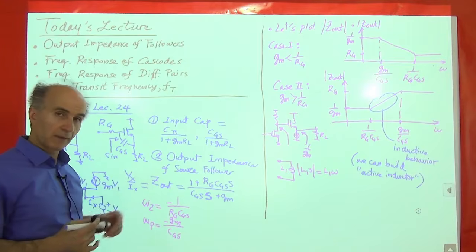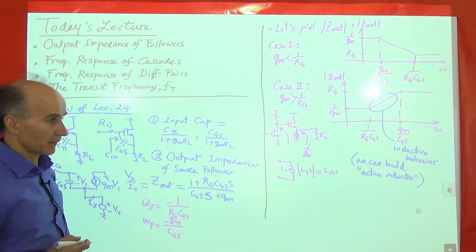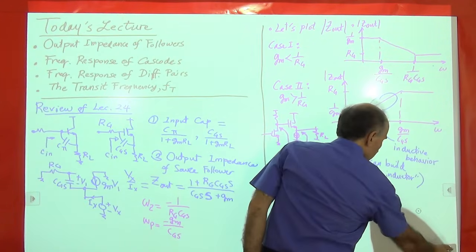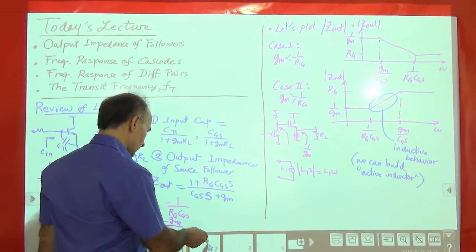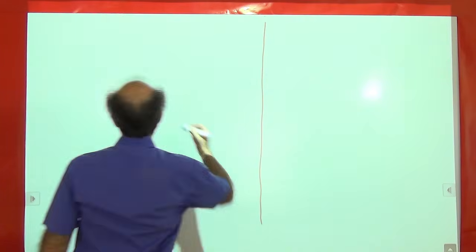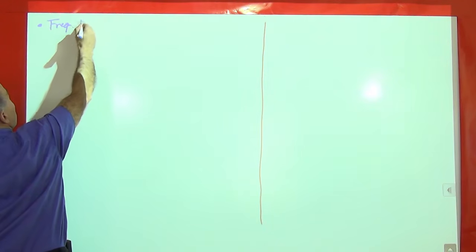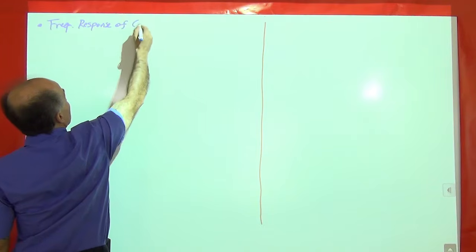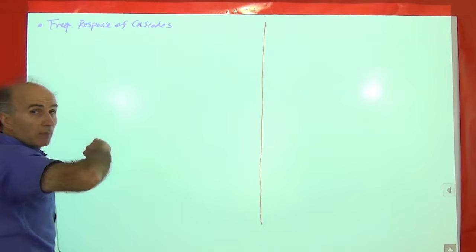The emitter follower behaves more or less the same way. Now we're going to look at the frequency response of cascodes. Okay, so let me go to a different page and look at the response of the cascode structure. Let's begin with the bipolar cascode.